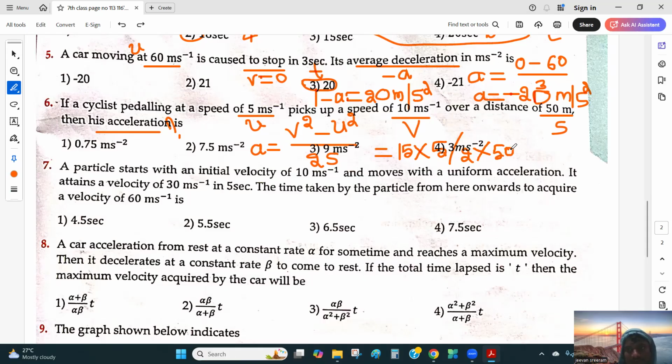so 75 by 100. This is the acceleration, no? So 75 by 100 is 7.5, no, 0.75 meter per second square.